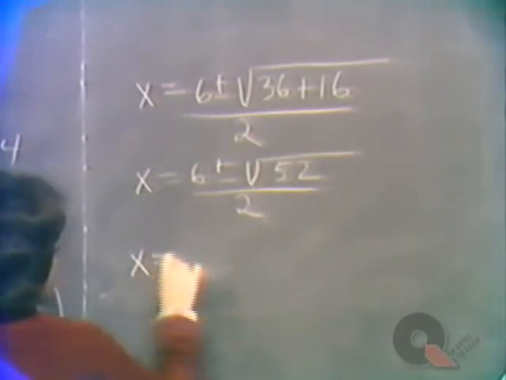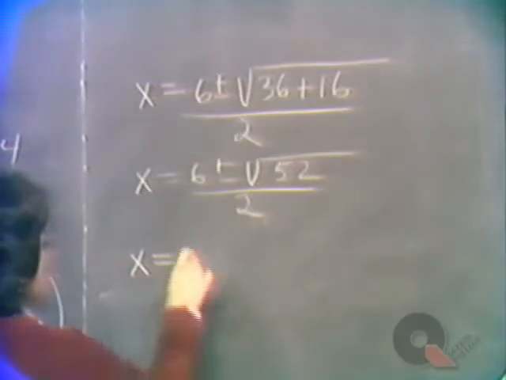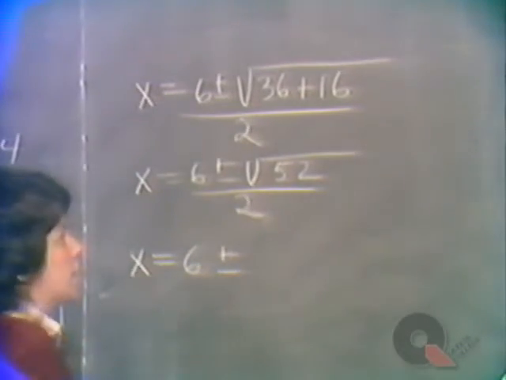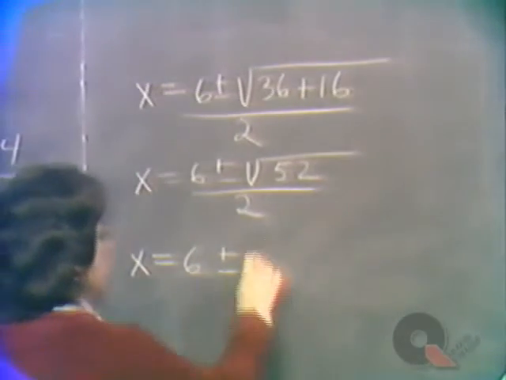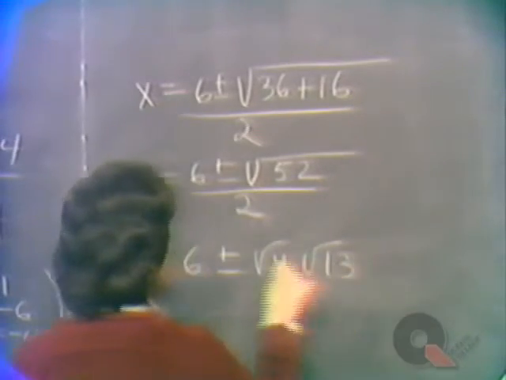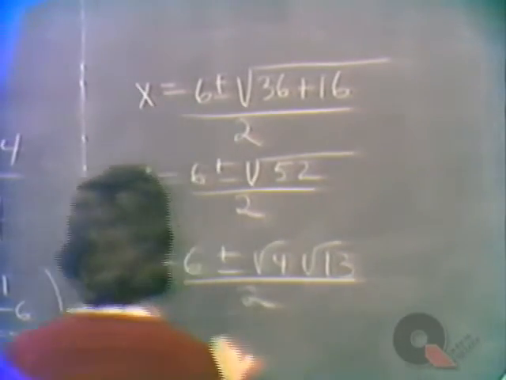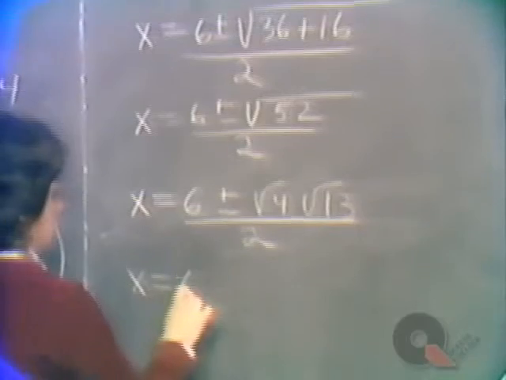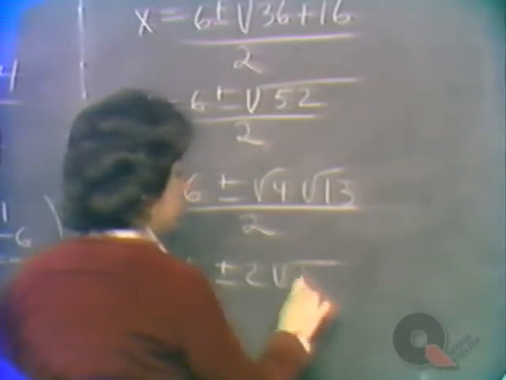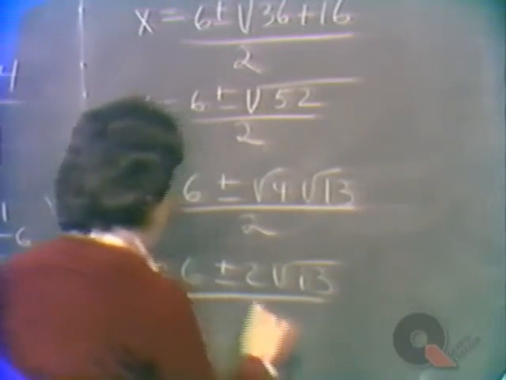And if we want to put this in simplest radical form, we realize that the square root of 52 is the square root of 4 times the square root of 13, and that's 6 plus or minus 2 times the square root of 13 over 2.